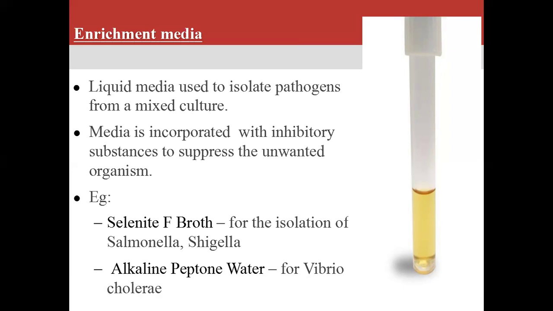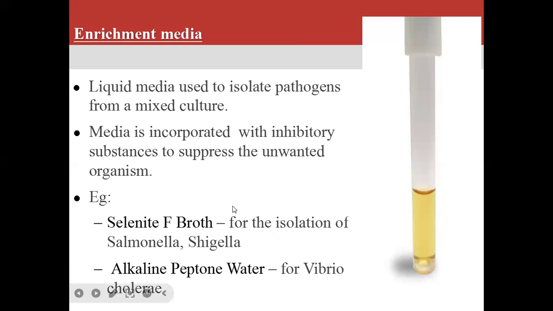So in the preparation of enrichment media, we add some inhibitory substances. What do these inhibitory substances do? They suppress the growth of unwanted bacteria, and they promote the growth of wanted bacteria. Examples: selenite F broth. Selenite F broth is helpful for isolation of Salmonella and Shigella.